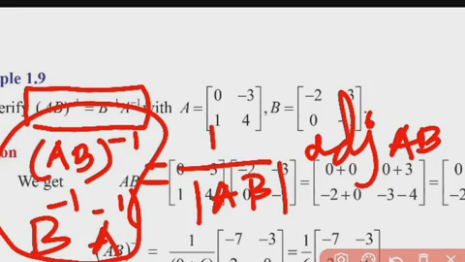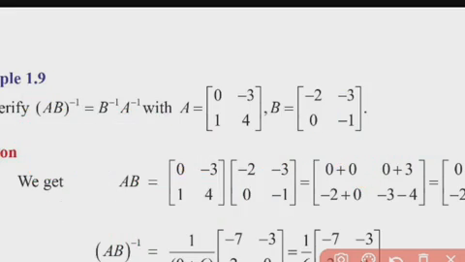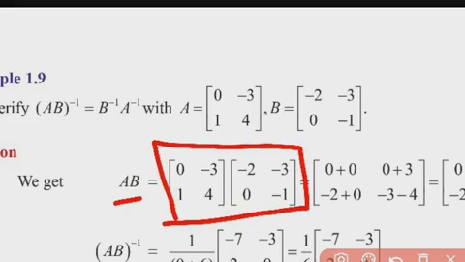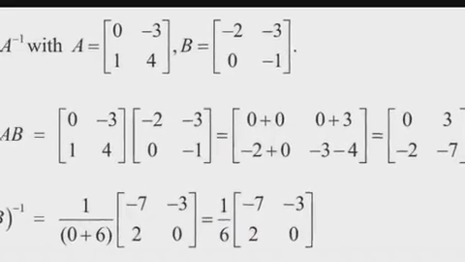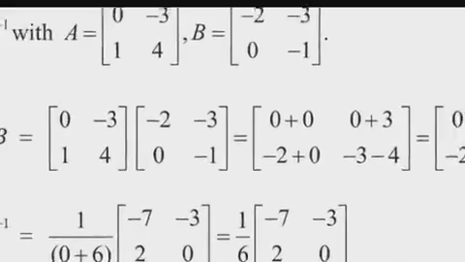First, as I told you, find the A into B matrix using matrix multiplication. The given A matrix is 0, -3, 1, 4, and B matrix is -2, -3, 0, -1. So by using matrix multiplication, we are going to find the A into B value.